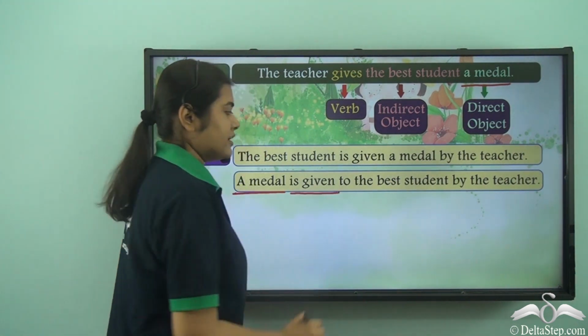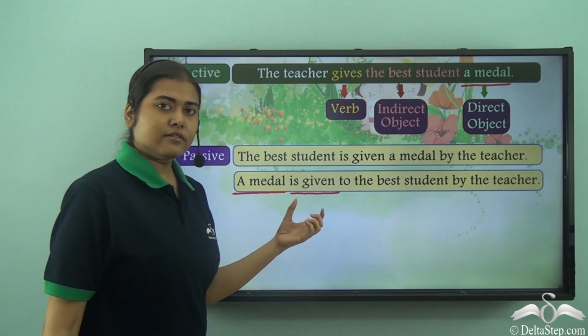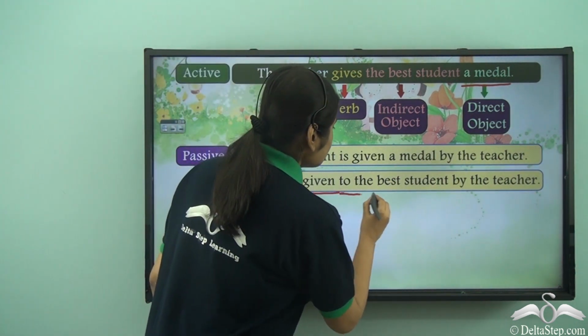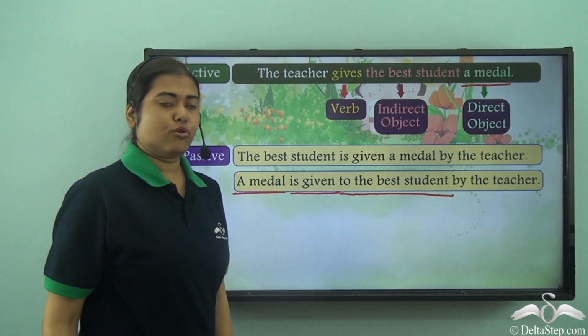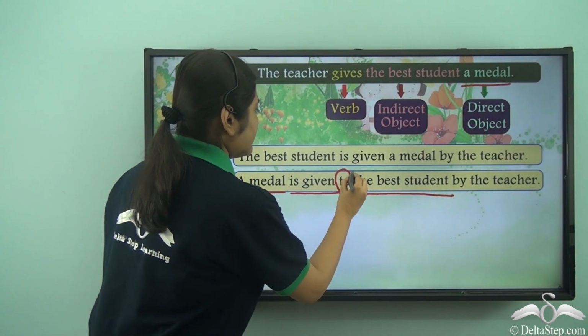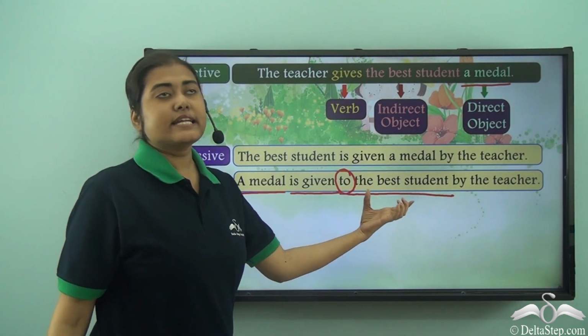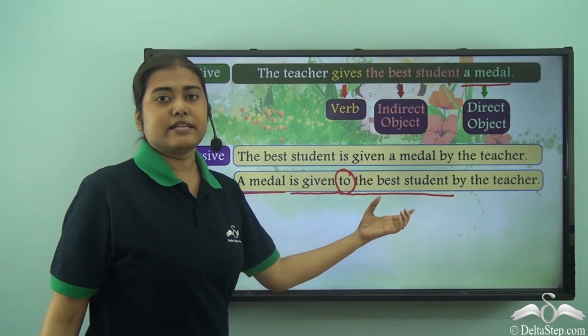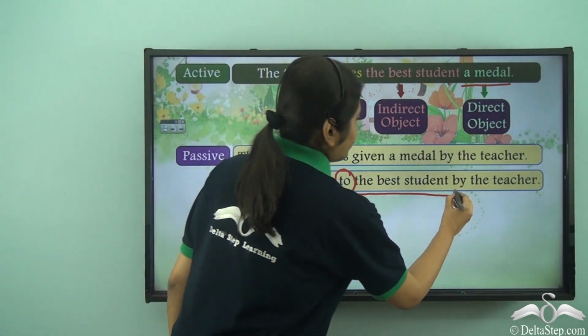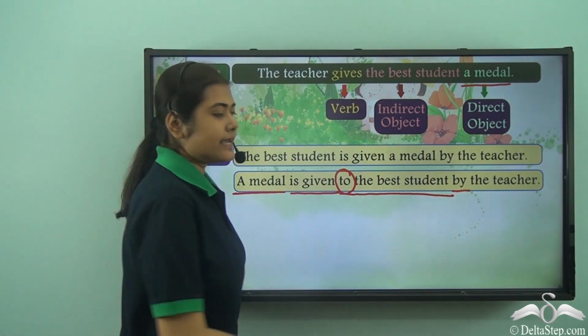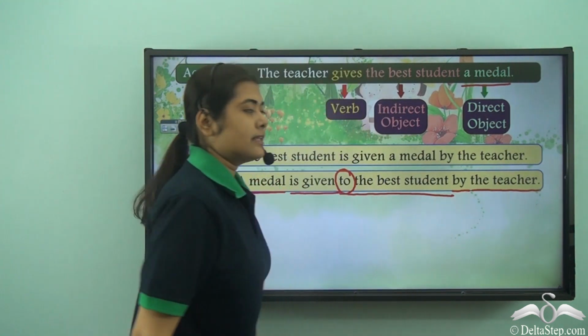Then the verb still remains is given. After that, to the best student. Now note, we have added a preposition to before the indirect object, the best student. Then we have the preposition by and the doer, the teacher.